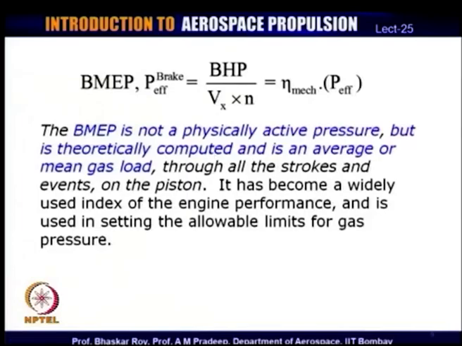It is a measure of the average mean gas load through which the piston operates, and it has become a widely used index of engine performance. As a result, we need to keep an eye on this brake mean effective pressure for our understanding of how the piston cylinder arrangement actually works.